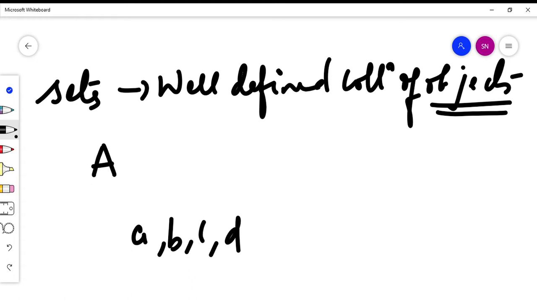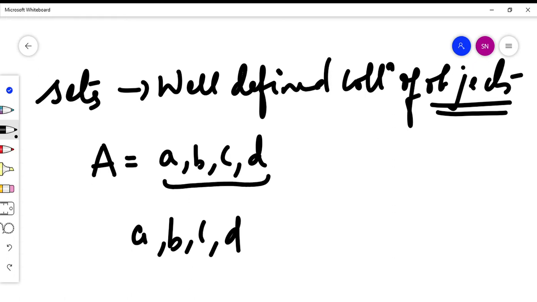So I can write this as A, B, C, D. Hope this is understood. Whatever belongs to this particular set, capital A, are also called elements or members.